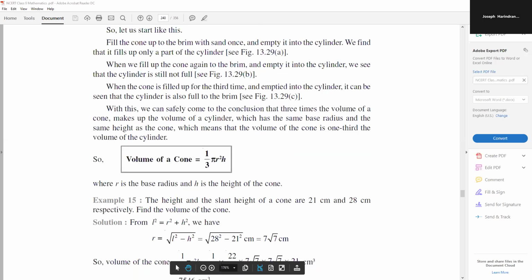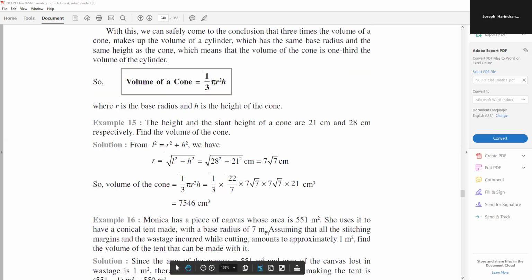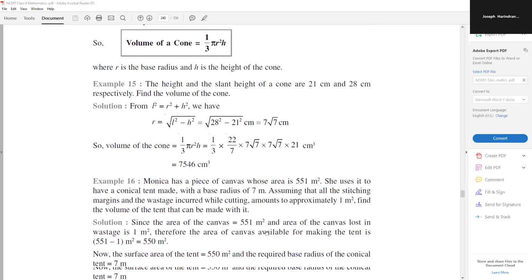The volume of cone is equal to 1 by 3 pi r squared h. Usually r and h will be given. If r and h are not given directly, suppose L is given instead, and L and h are given, then you have to find r. Then only you can find the volume.